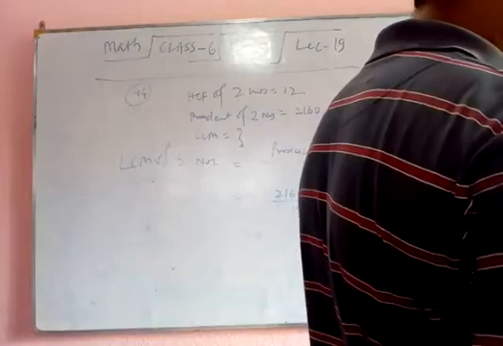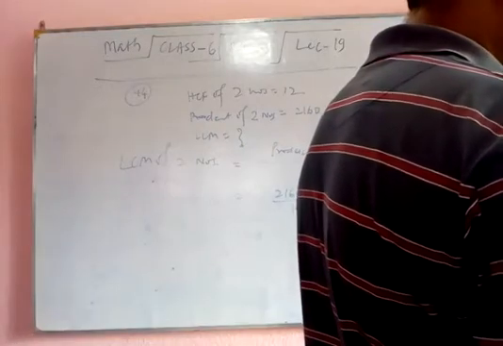Hence the LCM of two numbers is equal to 180. Now example number 45.